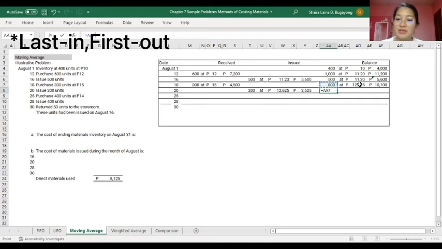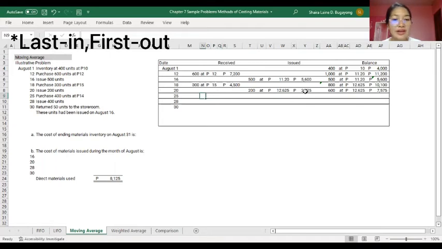So balance would be 800 minus and 200. So we need also to deduct the cost. So 10,100 minus 2,525. So our unit cost is divided by 12.625.